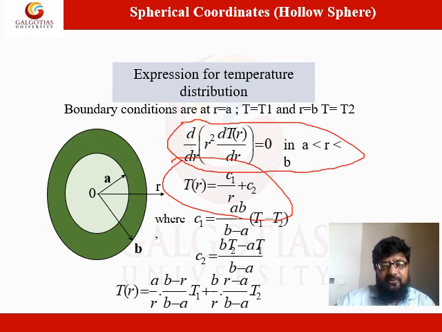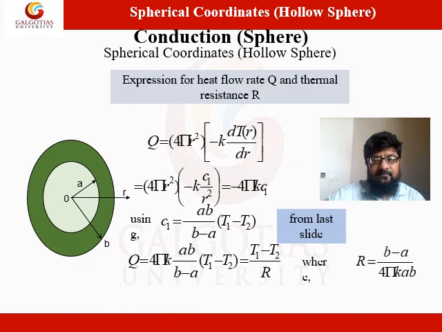And using the boundary conditions at r equal to r1 and r equal to r2, we can calculate the constants C1 and C2. So putting back the values of C1 and C2, we will get the temperature distribution in this form. And now we can calculate the heat transfer for this hollow sphere.